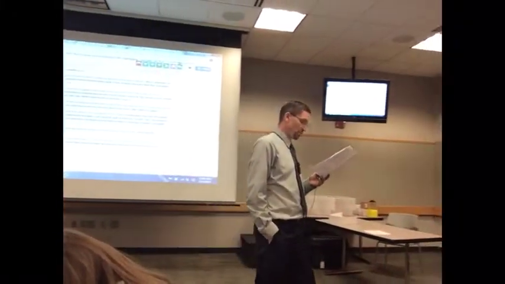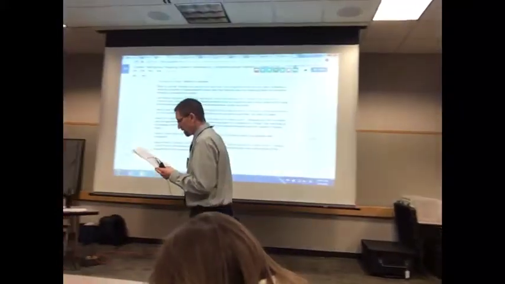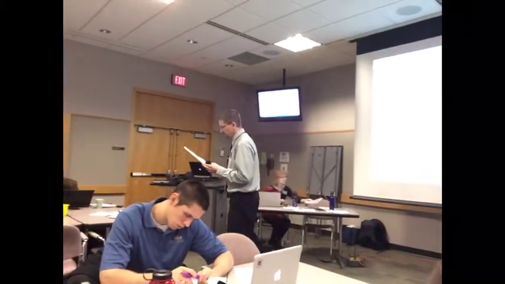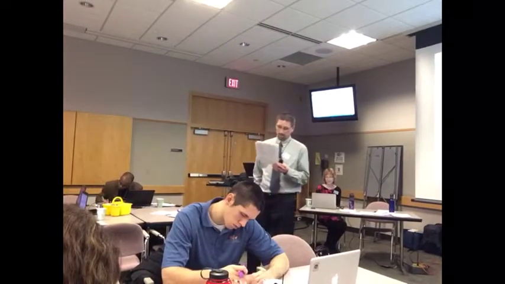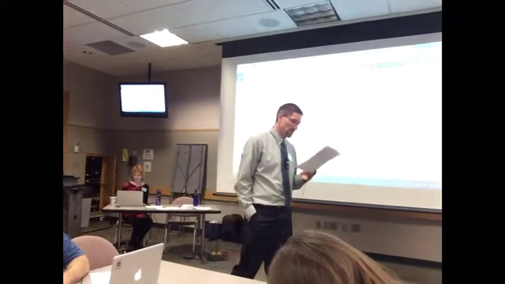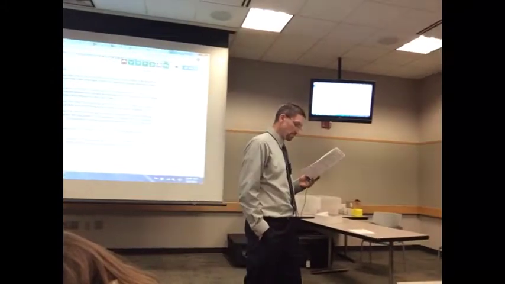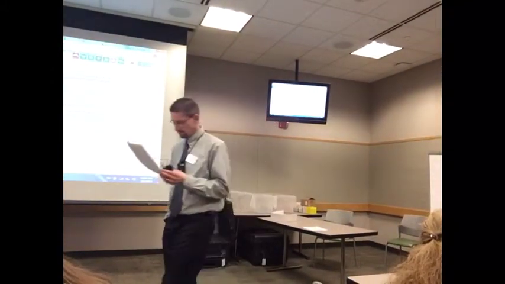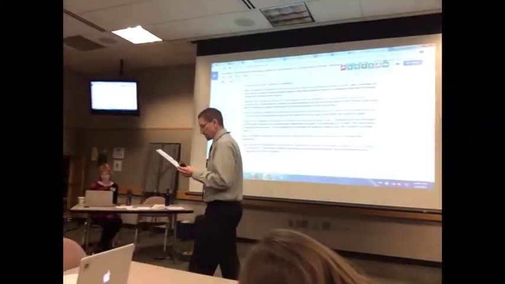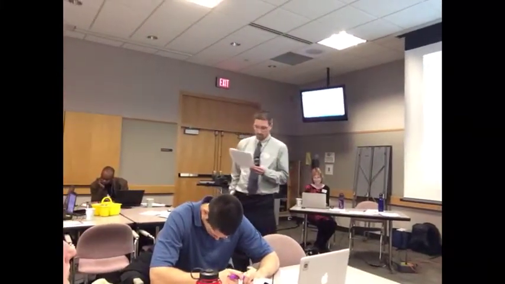Lines 22 and 23 now. In lines 22 and 23, highlight the section that identifies the rights given to the House of Representatives and the Senate. Lines 27 through 31.